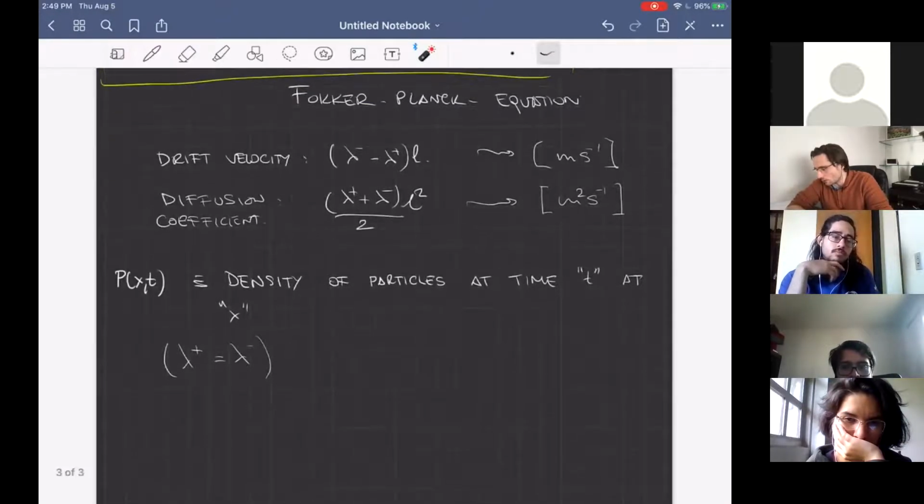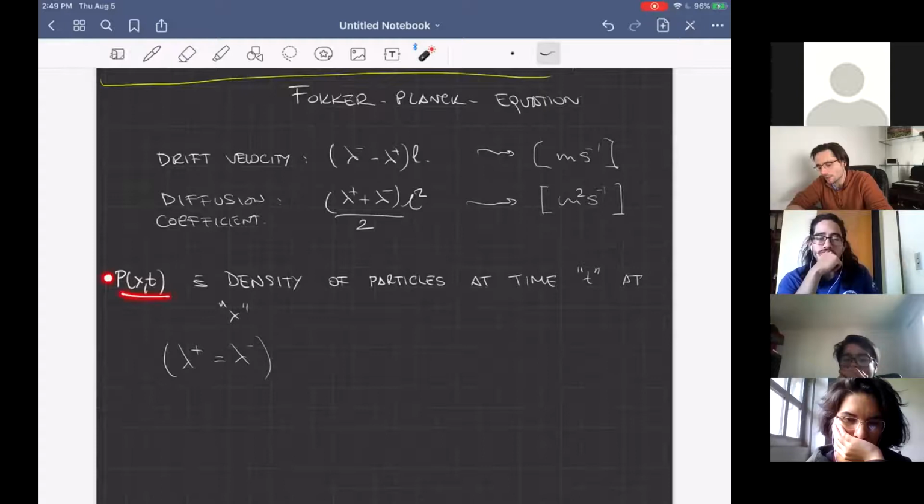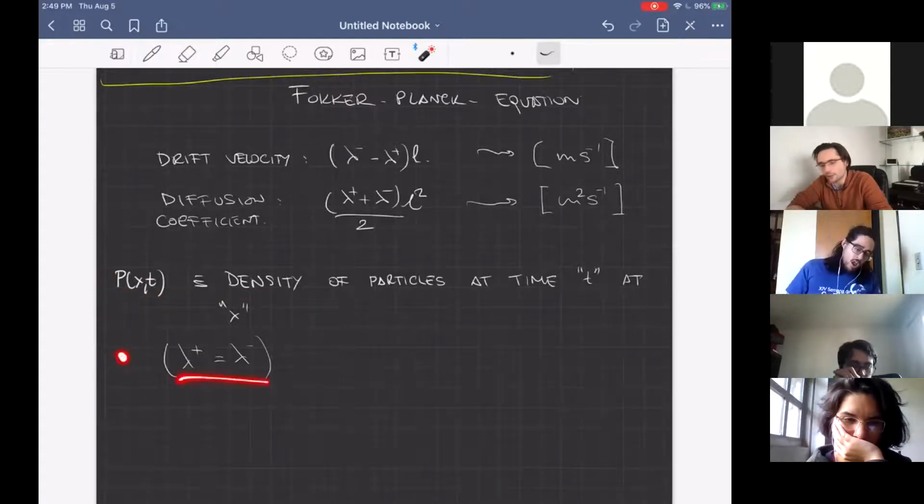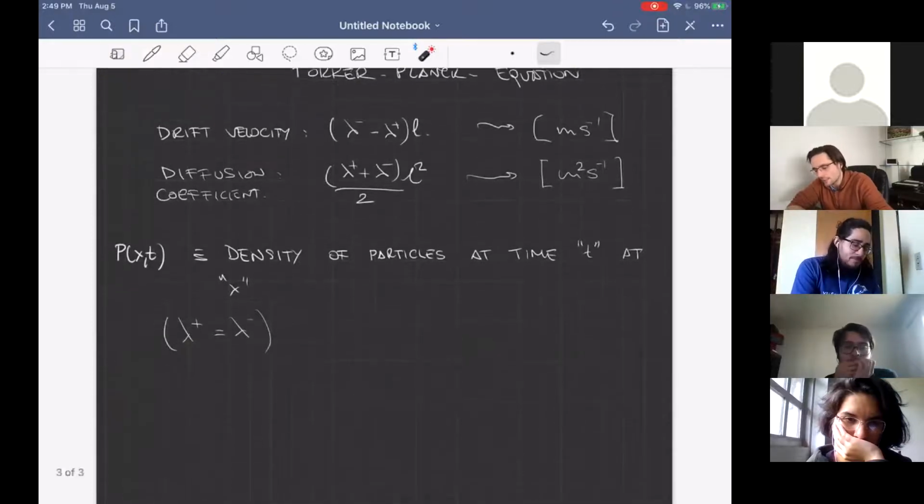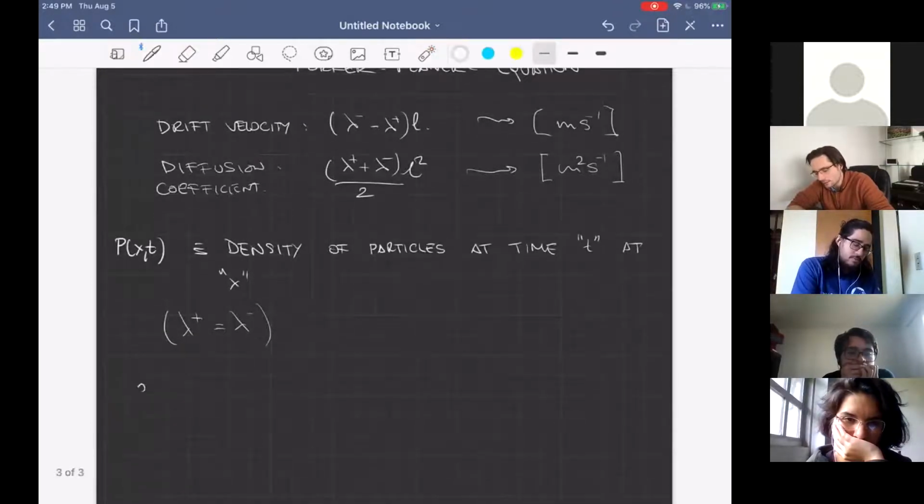So anyway, what I was saying is I am going to make these two assumptions. The first one is that I have a lot of particles that are independent, so I can map the probability to a density. And then I am going to consider that I don't have any preference towards the left or the right. I move with the same probability in both directions. So in that case, what I get is an equation that looks like this.